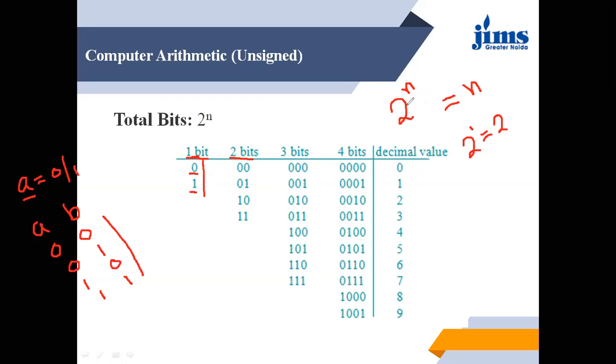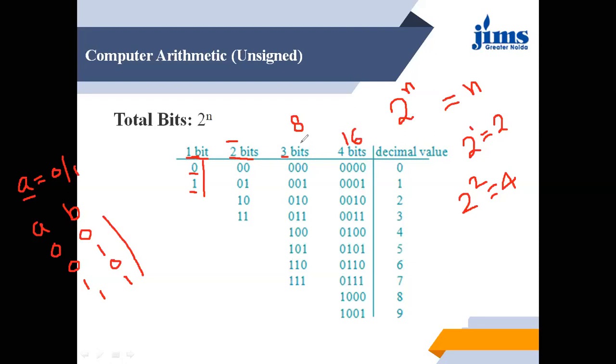In the case of 2 bits, it is 2 raised to the power 2, that is 4. So total possible combinations are 4. In the case of 3 bits, 2 raised to the power 3 is 8, and in the case of 4 bits, 2 raised to the power 4 is 16. So these are the possible different numbers we can write using different numbers of bits.